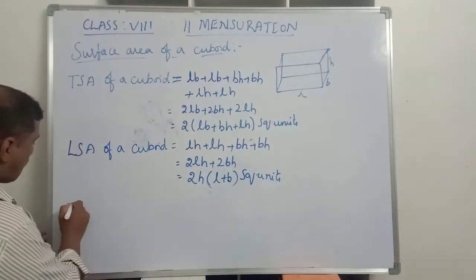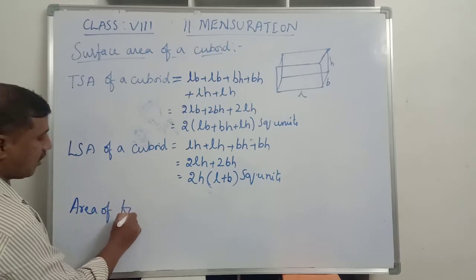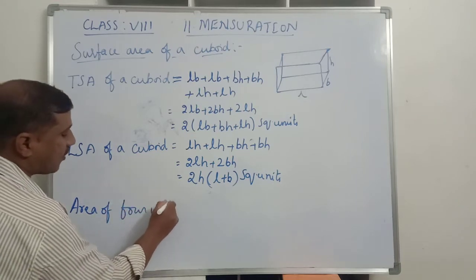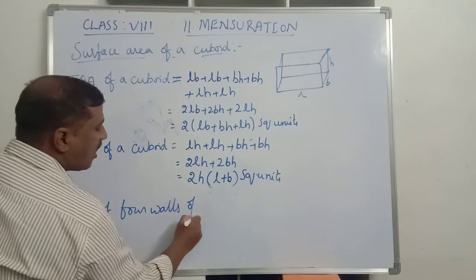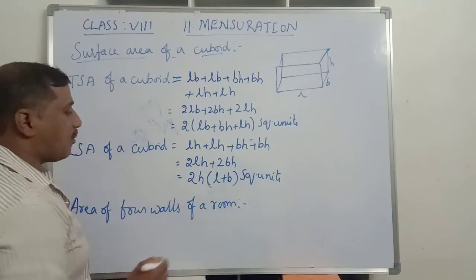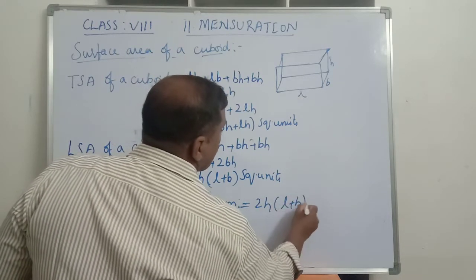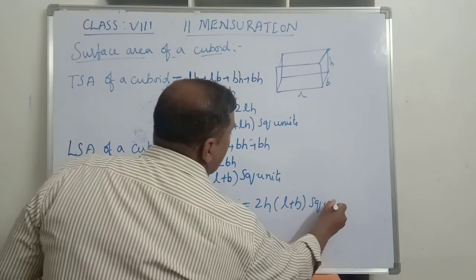So it is also known as the area of the 4 walls of a room, which is equal to the LSA of a cuboid, that is 2H into L plus B square units.